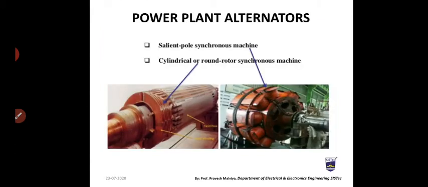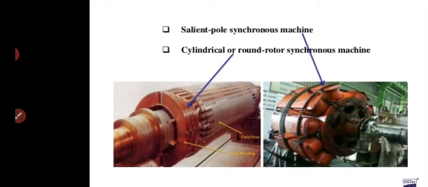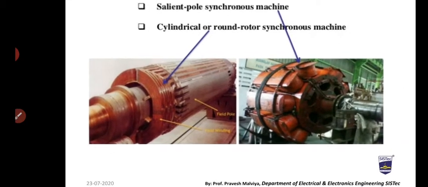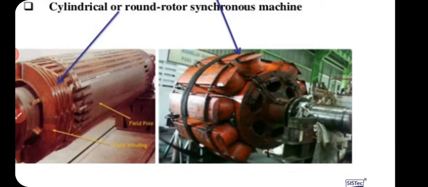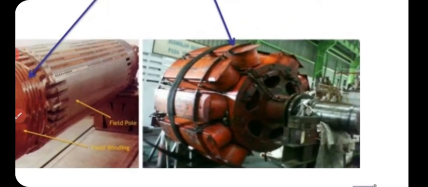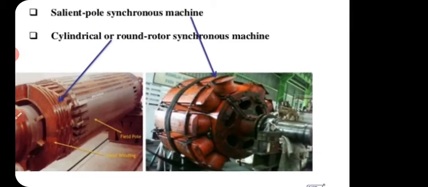Now these synchronous generators can be of two types. It can be either salient pole or it can be non-salient cylindrical pole. So here we can see both the types of these synchronous generators. So here we will be looking at the salient pole, the right one.